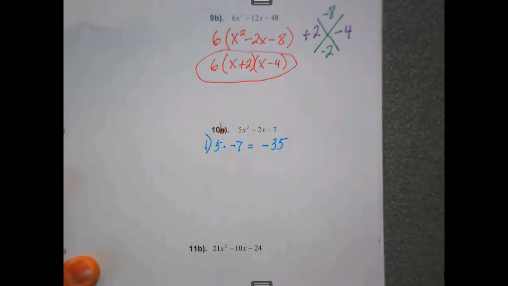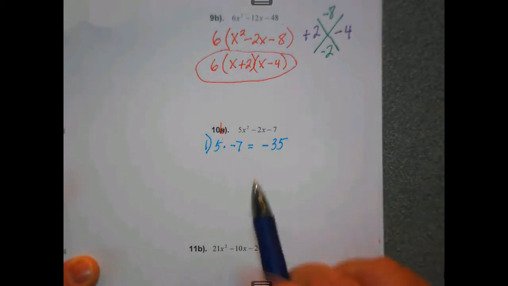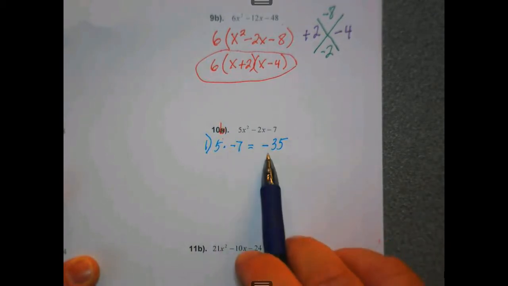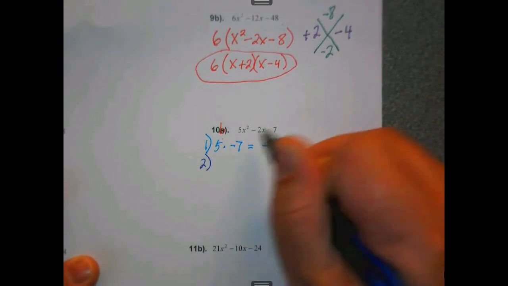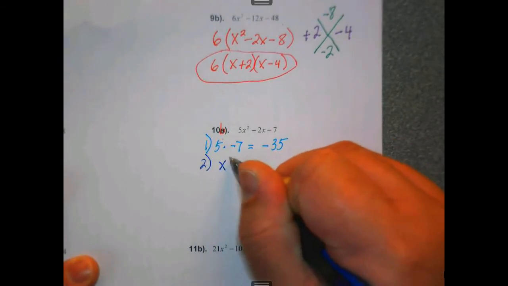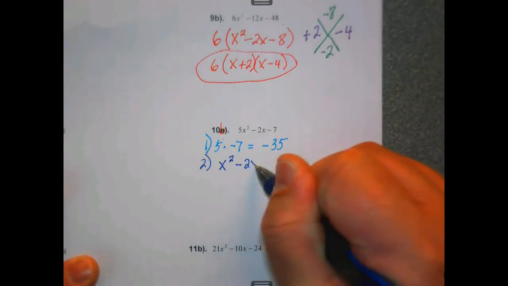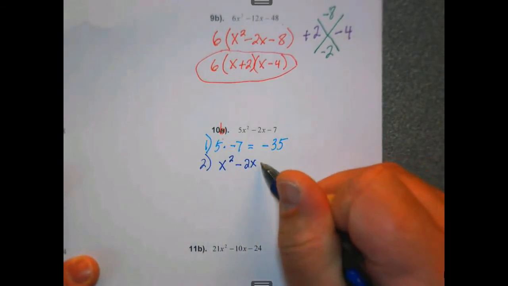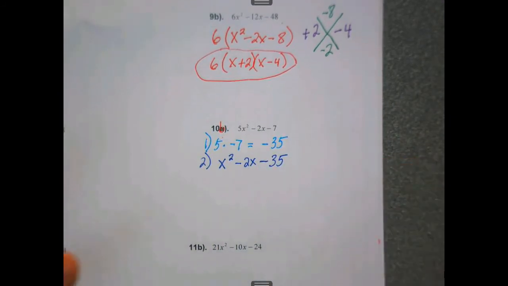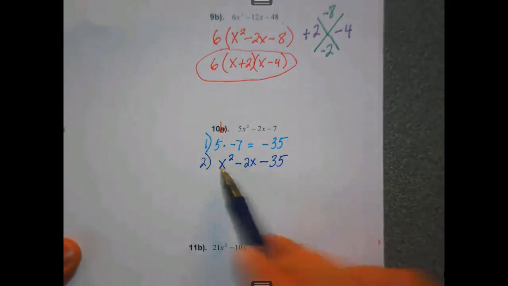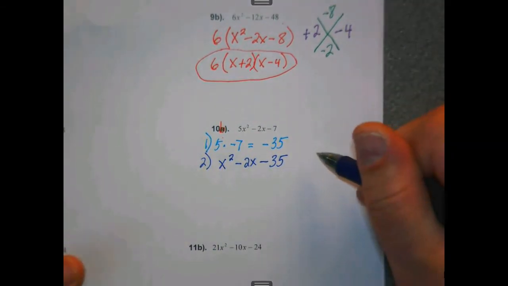Step 2, I'm going to drop my A. I'm going to drop this A and then add my new C. That's my new C. I have x squared minus 2x. Add my new C, which is plus a negative 35, which is minus 35. Now my A is 1. Can use X box.